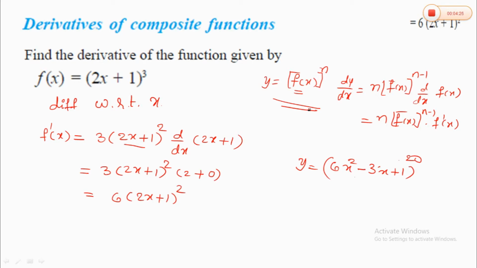So simple problems are there, and though it is simple, it is a very powerful method to find the derivative of the function.